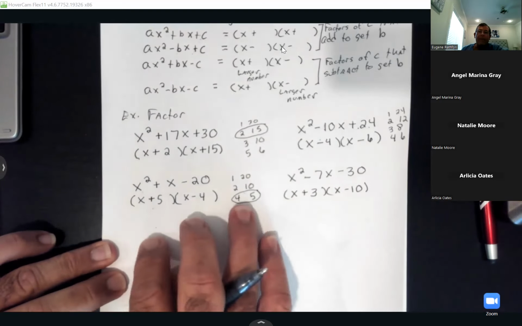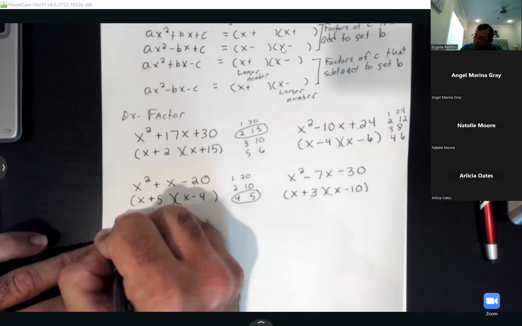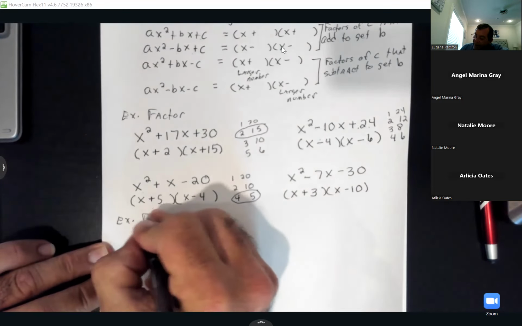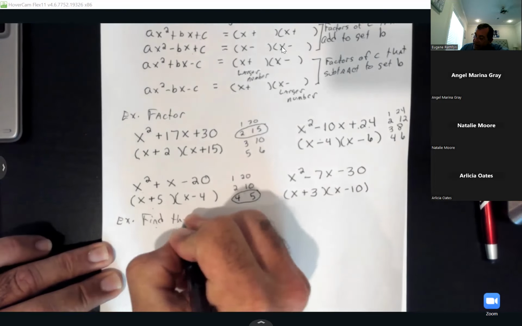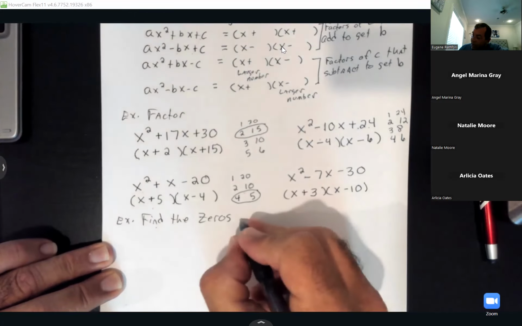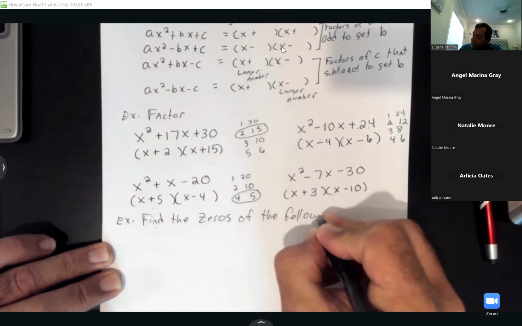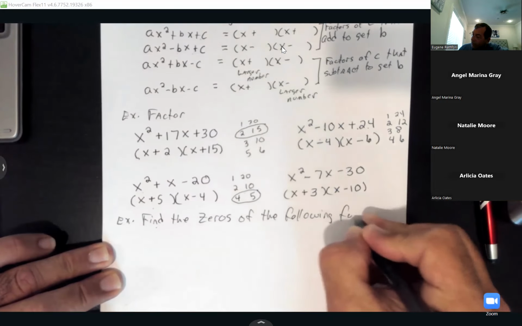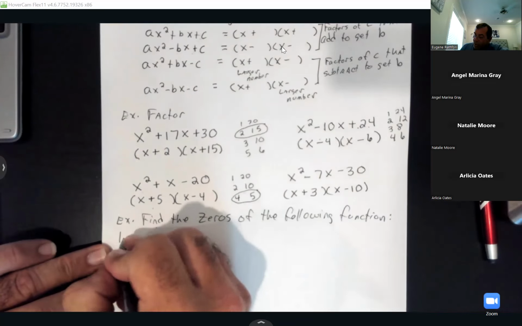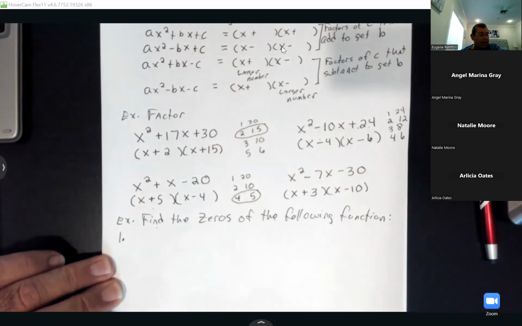Now, watch what I do on this example. This is an example of your homework here. So this will be your first one. They say find the zeros of the following function. So this will be like y'all's number one. And number one in the homework is going to be one that you can actually factor.